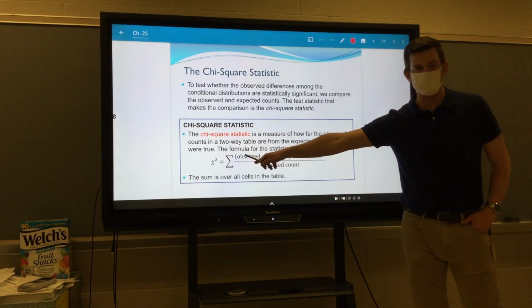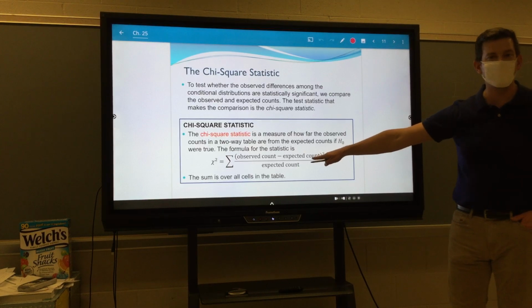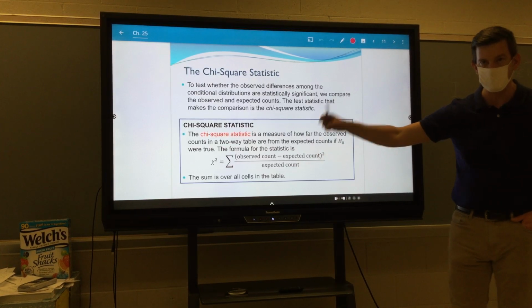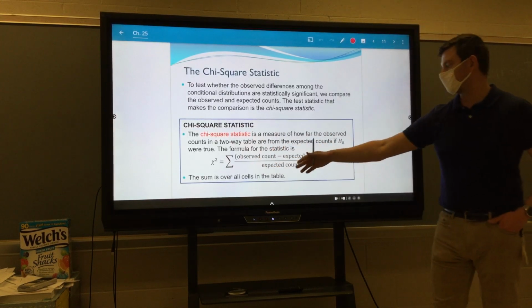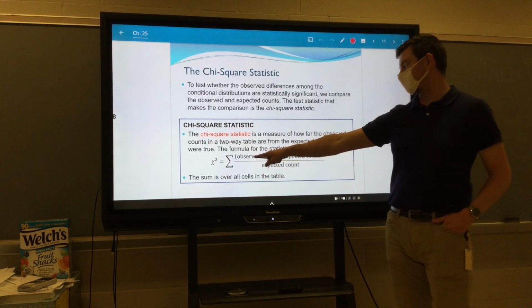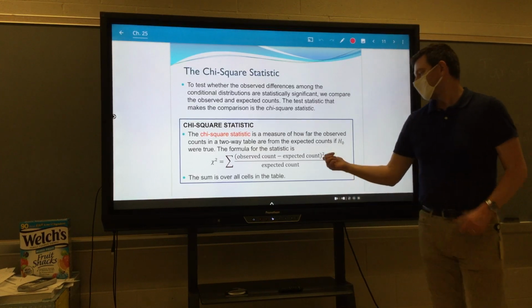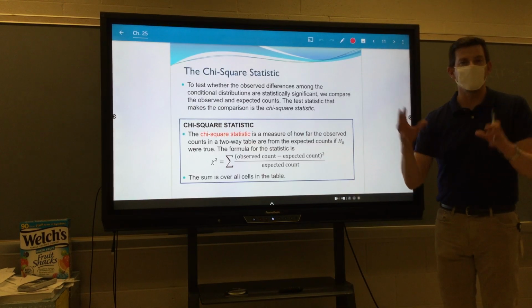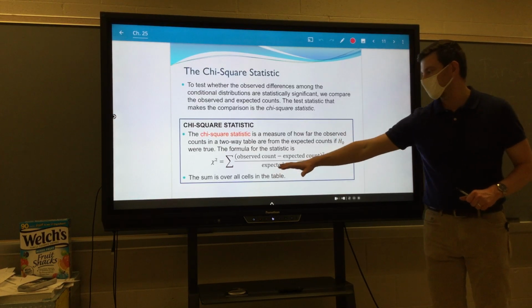So, the chi-square calculation looks like this. You take your observed value from your table, subtract away the expected count in each slot. You have that difference. Sometimes it's going to be a positive difference if observed is bigger than expected. Sometimes it's going to be a negative difference. Squaring them makes all of those differences positive. You're dividing by the expected count.